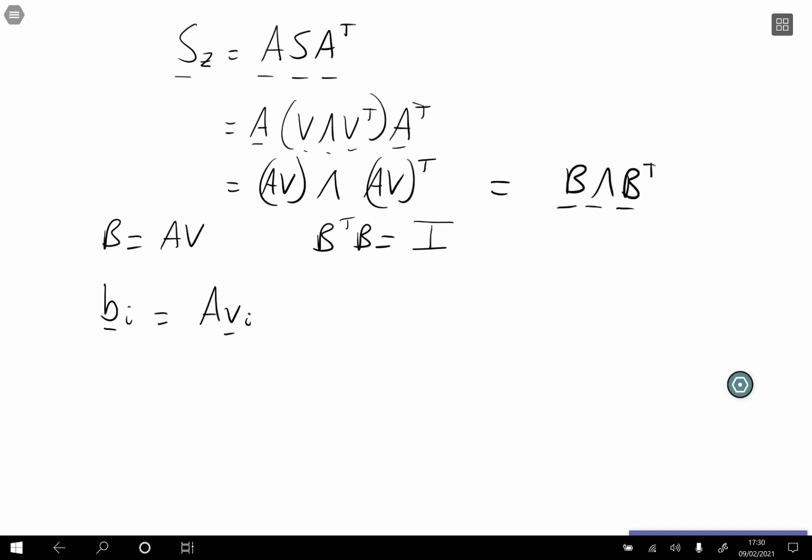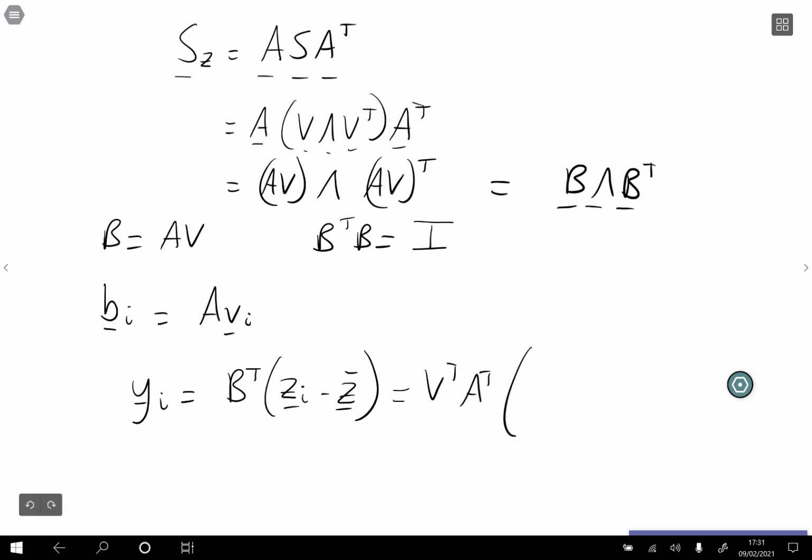Now the transformed variables, our principal component scores, are B transposed times Zi minus Z bar. Let's see what that works out as. B was AV, so this is V transposed A transposed, Zi was A Xi, and Z bar will be A x bar.